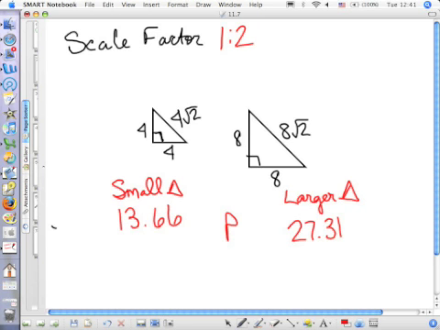What's the scale factor of those two numbers? 1 to 2. It's a little off because we rounded. But 13.66 times 2 is 27.32. We're 1/100th off because of rounding.